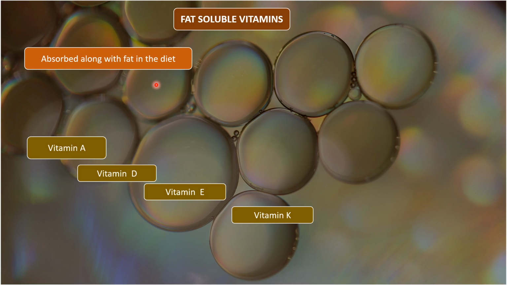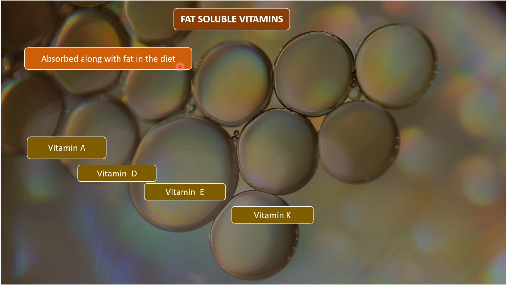As the name suggests, these are vitamins that are fat soluble, which means that they can only be soluble in fat. There are other vitamins also, but those are water soluble vitamins, which means that they cannot be soluble in fat. They are only soluble in water, but these are fat soluble vitamins that are absorbed along with the fat in the diet.